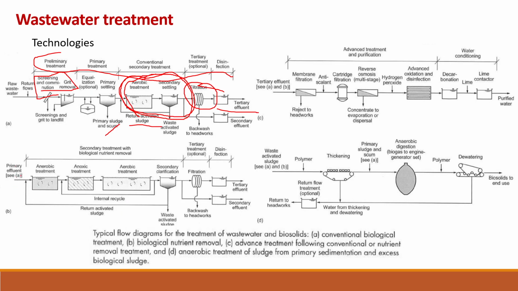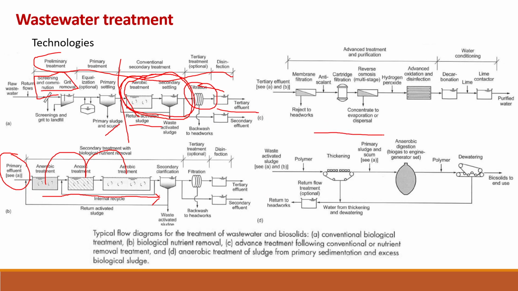The primary effluent from the first figure, which means after the primary treatment, will go to an anaerobic, then an anoxic treatment stage, and then aerobic. So this is called anaerobic, anoxic, aerobic. There are three different stages, and basically there is enhanced nutrient removal as we go through this kind of nutrient removal treatment regime.